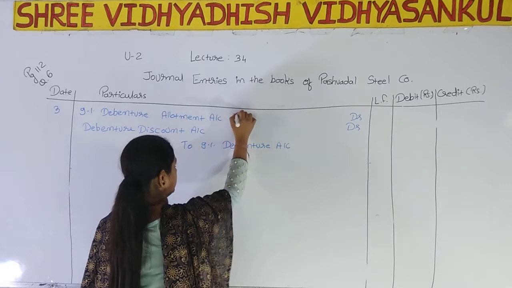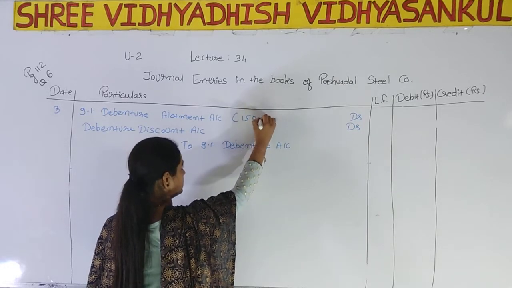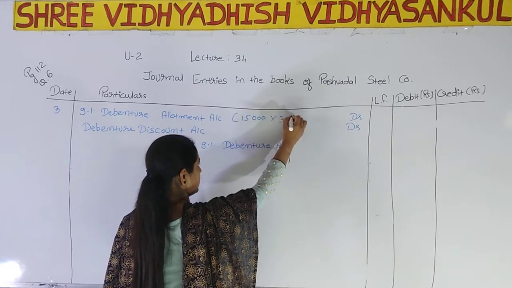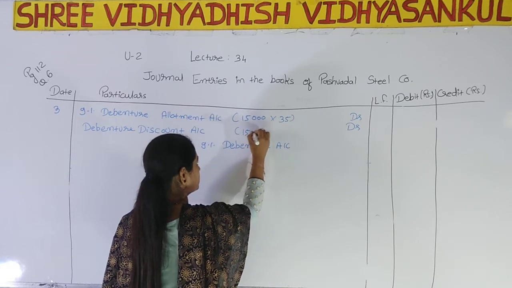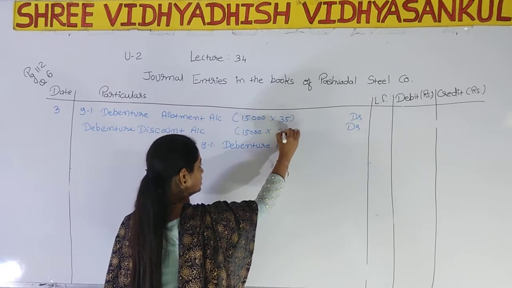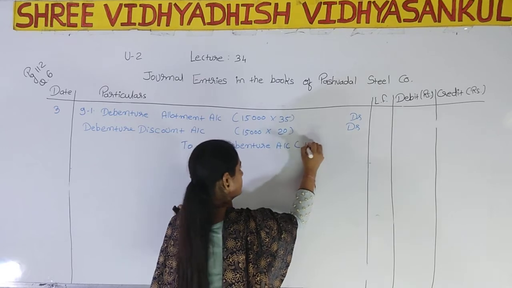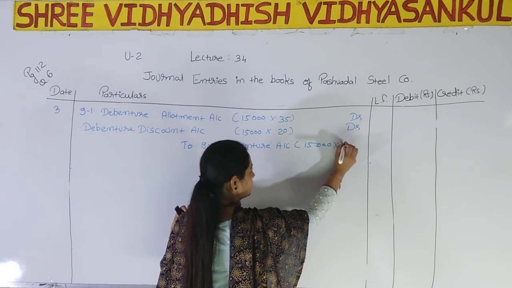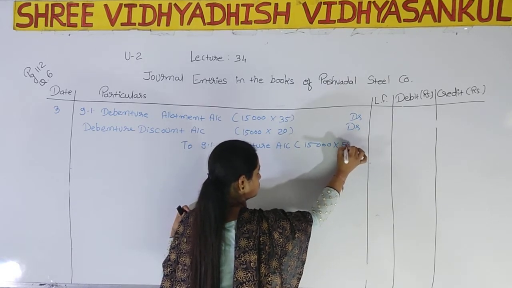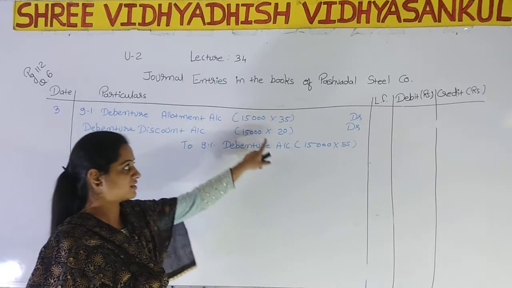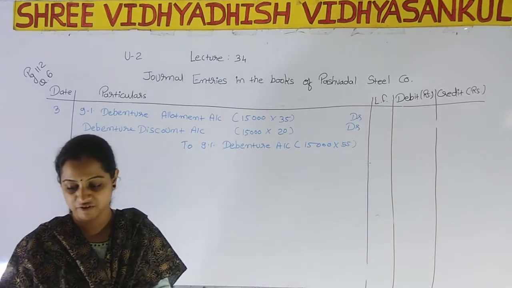So in total we have demanded 35 rupees. On this we have given 20 rupees discount. So in debenture account we have to write 55. 55 minus 20, that means we'll receive only 35 rupees.